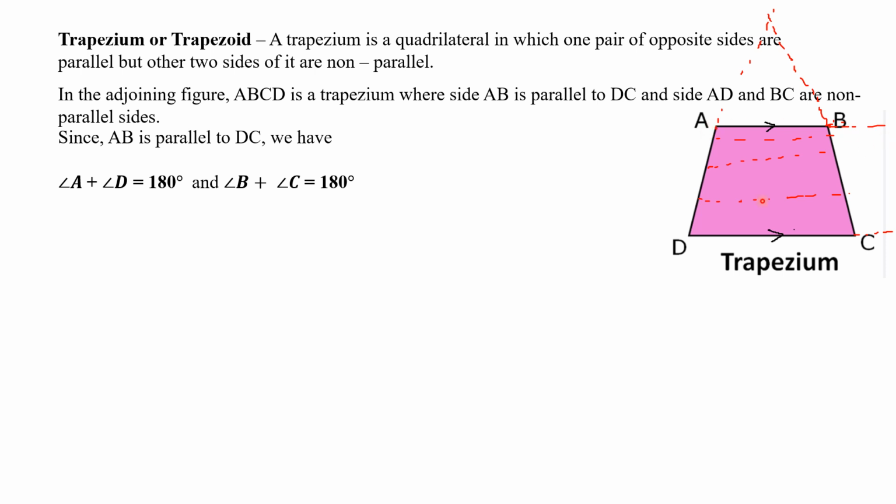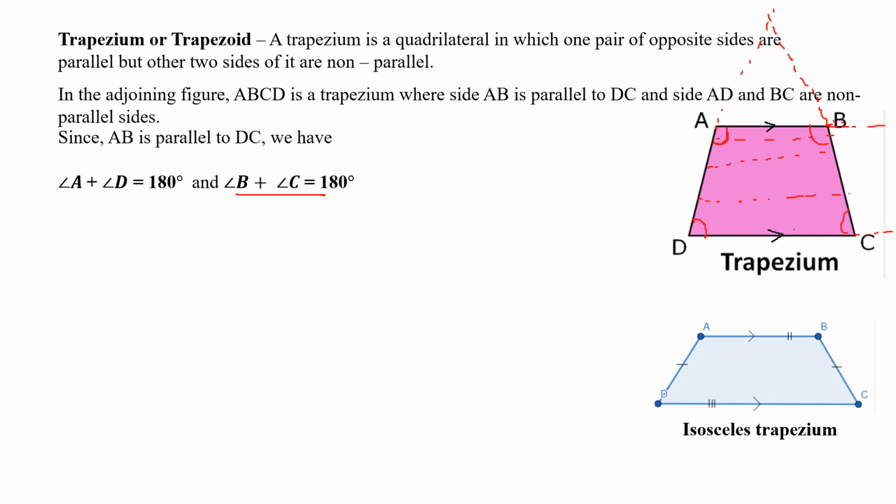Same way, if you take AB parallel to DC and AD as the transversal, then angle A and angle D will be supplementary. If you take BC as a transversal, angle B and angle C will be supplementary. Supplementary means their sum will be 180 degrees.